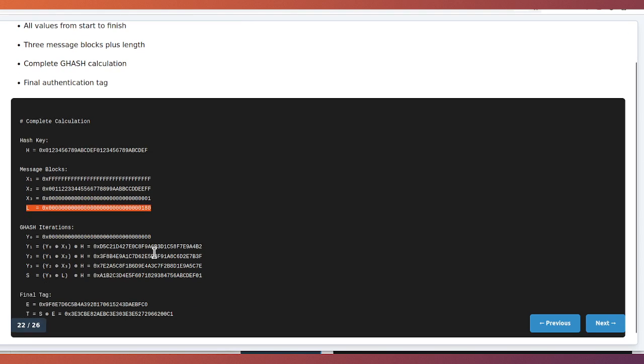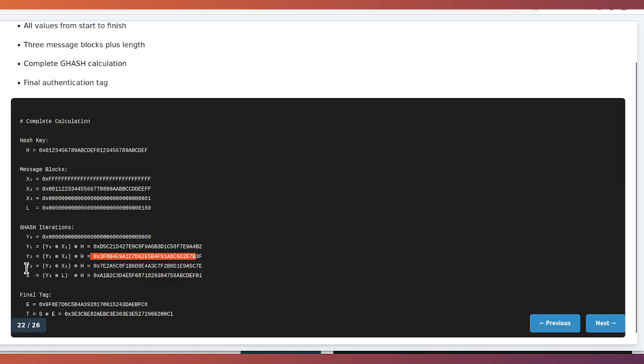GHASH iteration. Y0 equals 0x, beginning with 00, ending with 00. Y1 equals the quantity Y0 XOR X1 multiplied by H equals 0x, beginning with D5, ending with B2. Y2 equals the quantity Y1 XOR X2 multiplied by H equals 0x, beginning with 3F, ending with 3F.